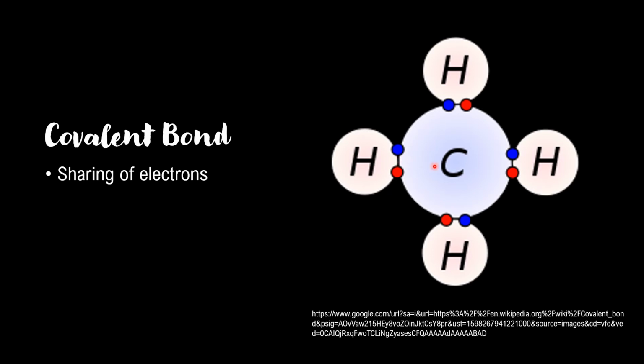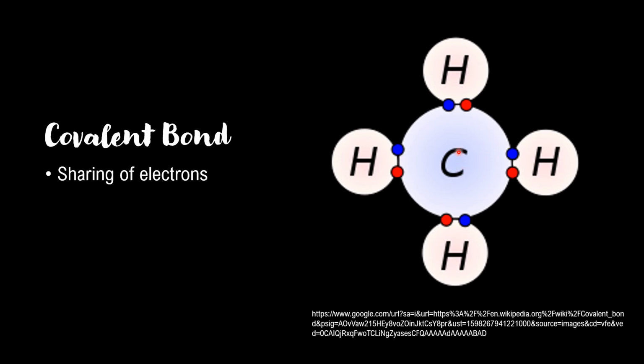So here we have carbon, which is a nonmetal, and hydrogen, which is another nonmetal. So another factor is that in covalent bonding, it exists between nonmetals. So hydrogen has one electron in its outermost shell, and carbon has four electrons in its outermost shell.